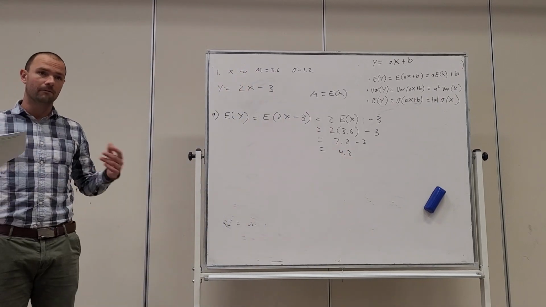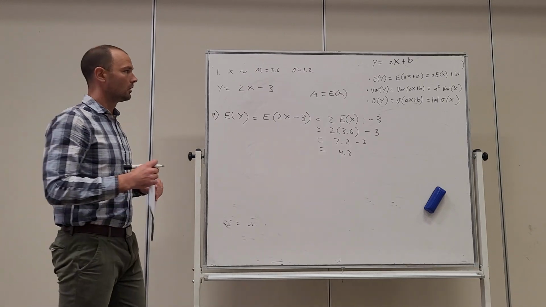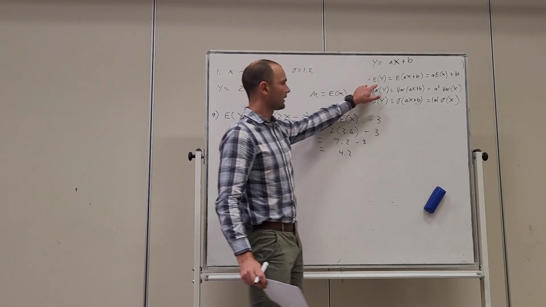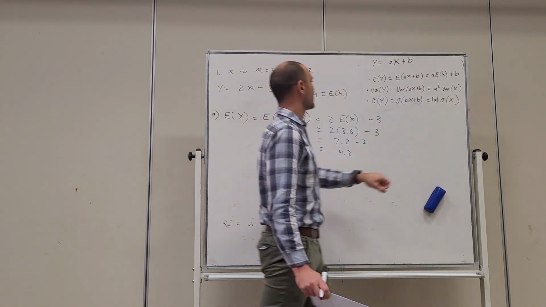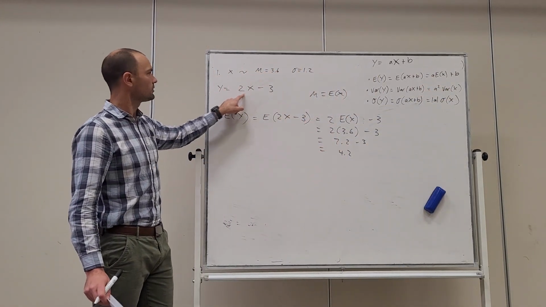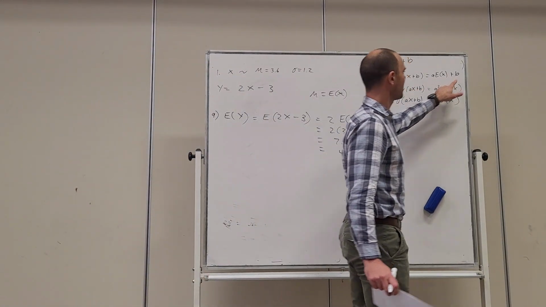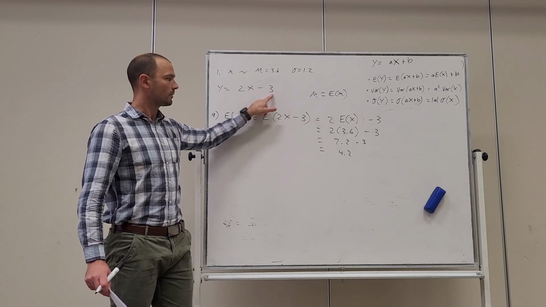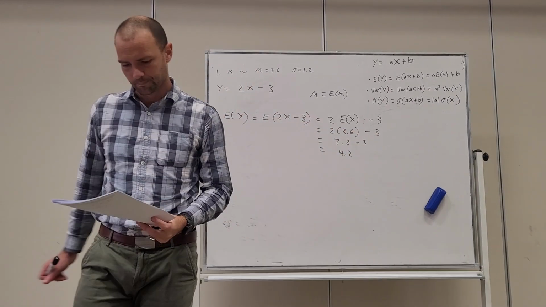So E of y is 4.2. All we're doing is the coefficient of x times the expected value of x, so 2 times 3.6, and then plus b. What's our value of b over here? Take away 3. Taking away the 3 gives us the 4.2.